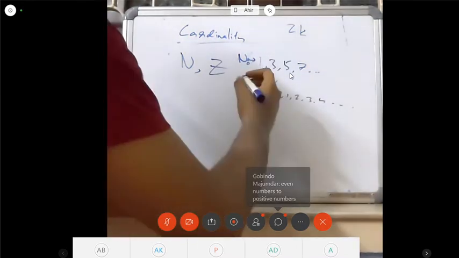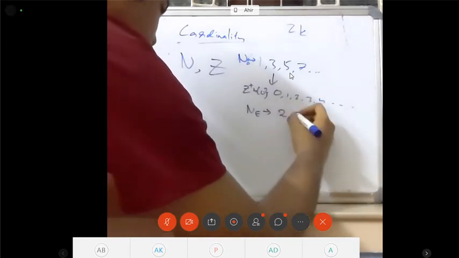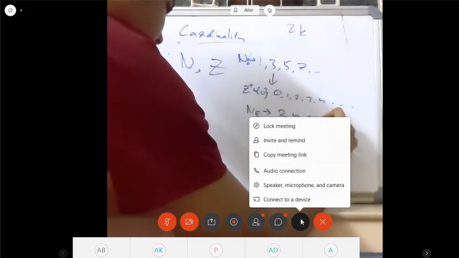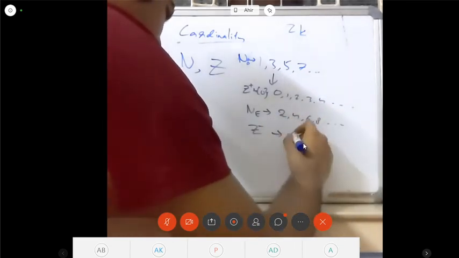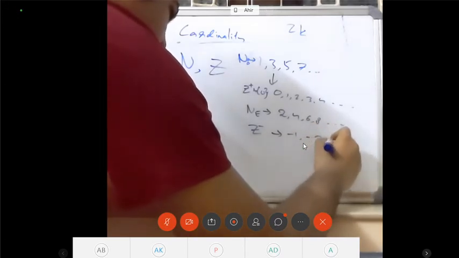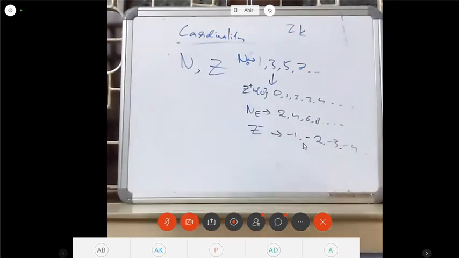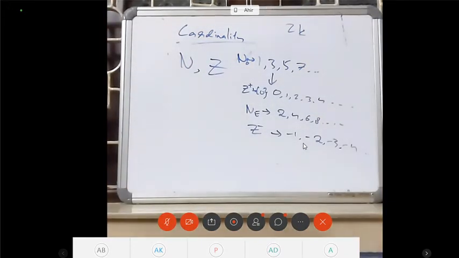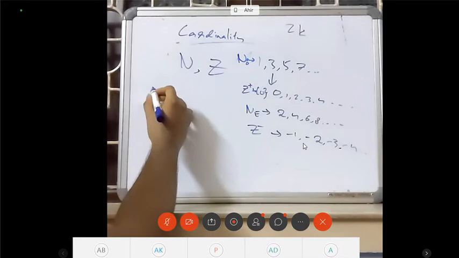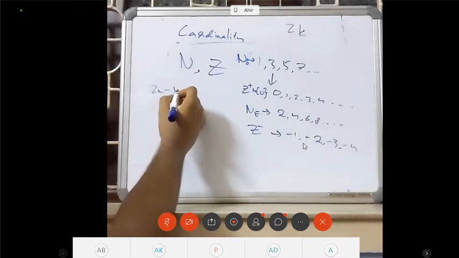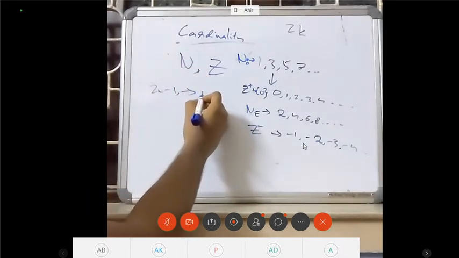And we'll take the even natural numbers 2, 4, 6, 8, and so on, and map them to Z minus, that is minus 1, minus 2, minus 3, minus 4 and so on. So our map is: if n is of the form 2n minus 1, where n is a natural number, then we map it to n minus 1.